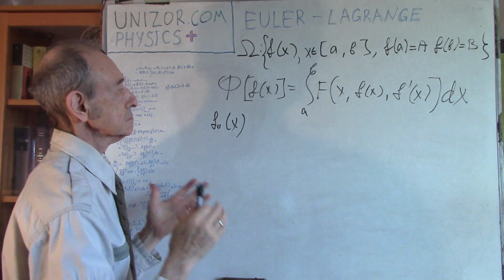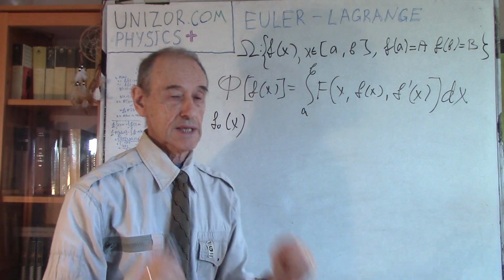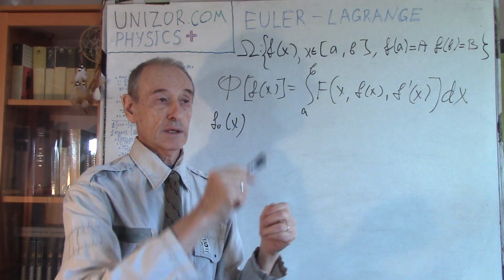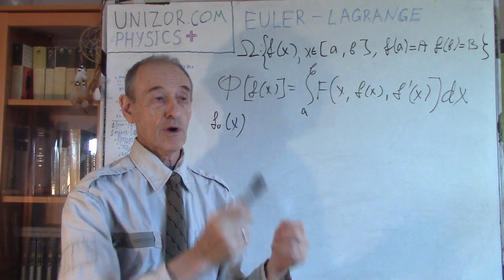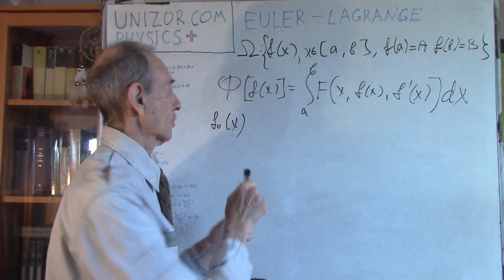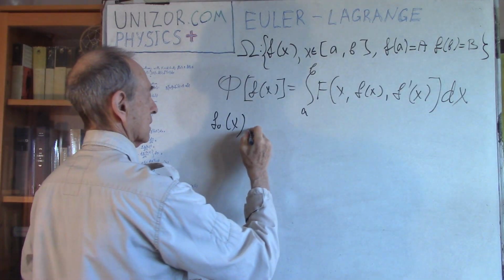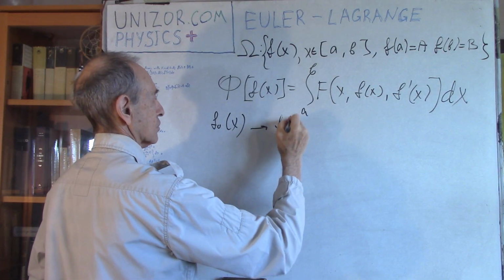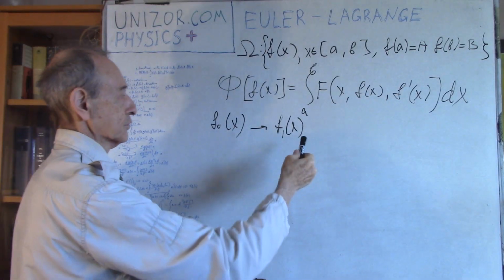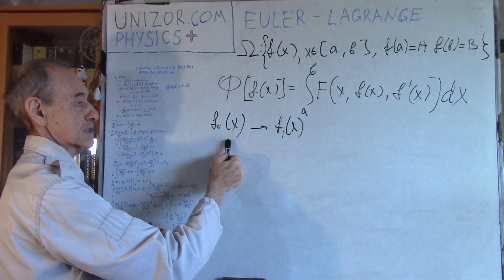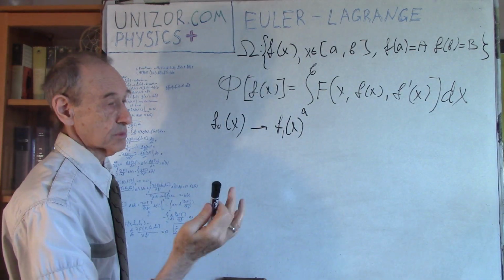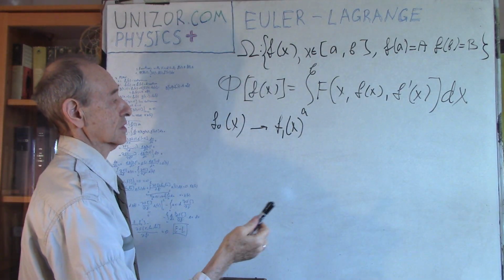Okay? How do we do it? We do it exactly the same as I was talking about in the previous lecture, where my functional was just the length of the curve. So what I did was I stepped from f0 to some kind of a neighborhood function f1, and then I will move from f1 towards f0, and since f0, let's say, is supposed to be a minimum of the functional.